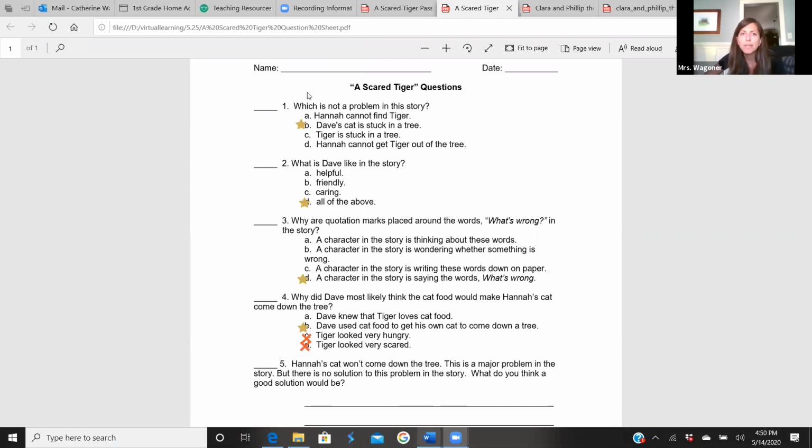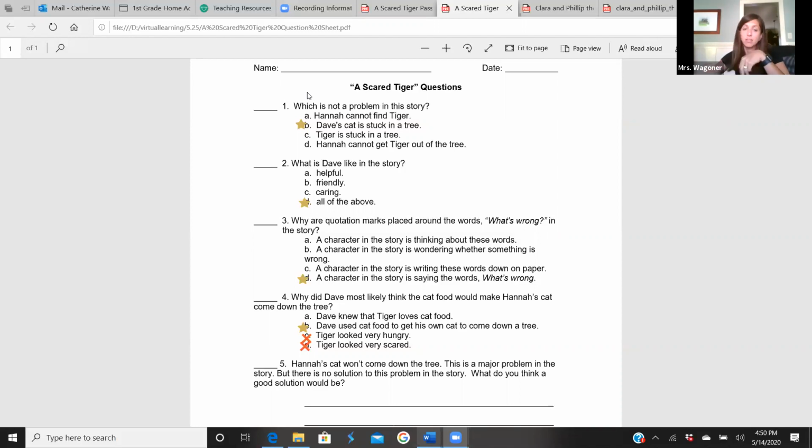Hannah's cat won't come down from the tree. This is a major problem in the story, but there is no solution to the problem in the story. What do you think a good solution would be?